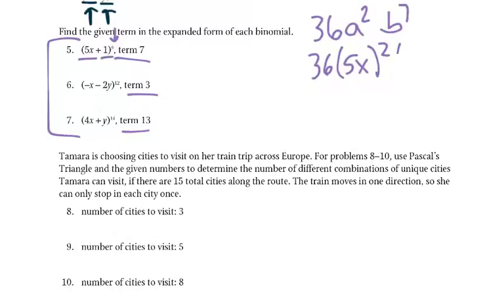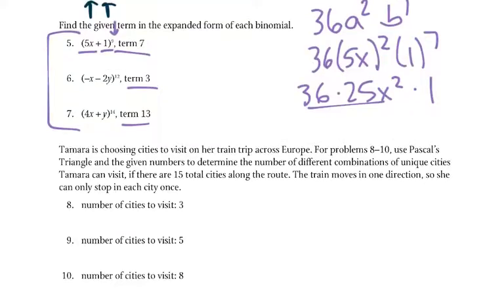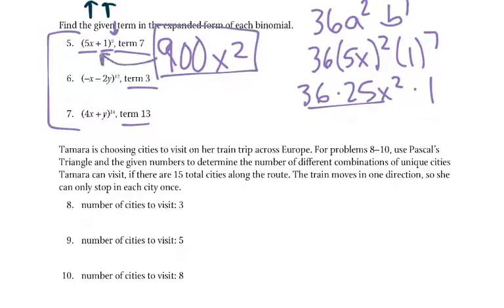And then my B is 1, 1 to the 7th. Okay, 5 squared is 25, x squared times 36 times 1 to the 7th is 1. So 36 times 25 gives us 900, then x squared. So that's the 7th term of that one.